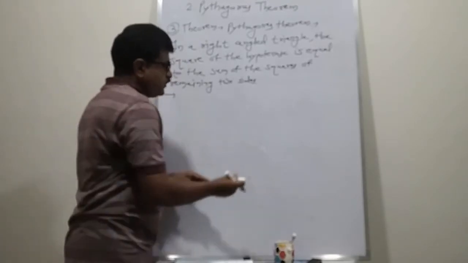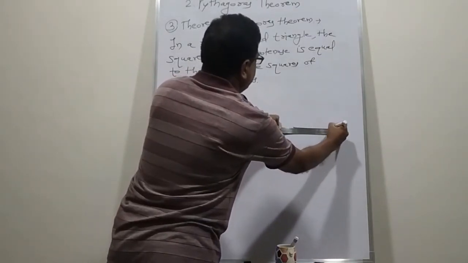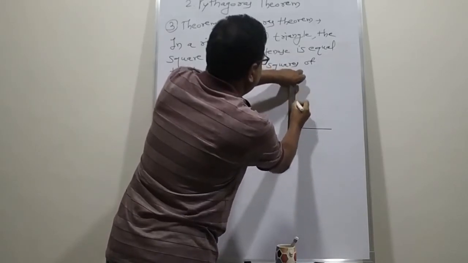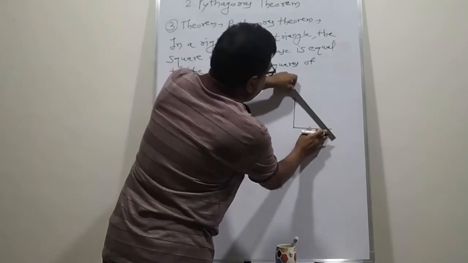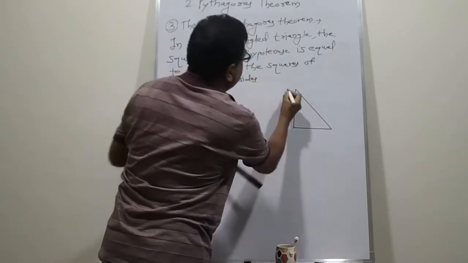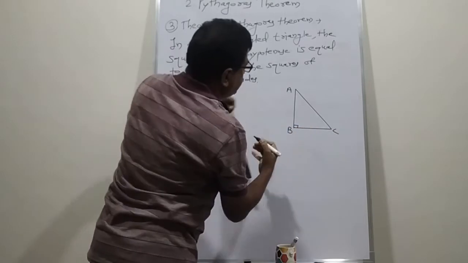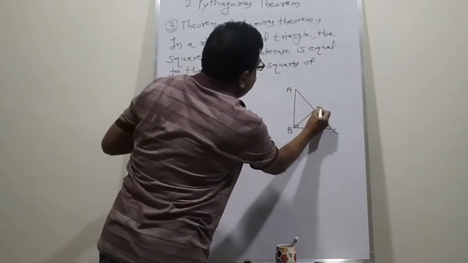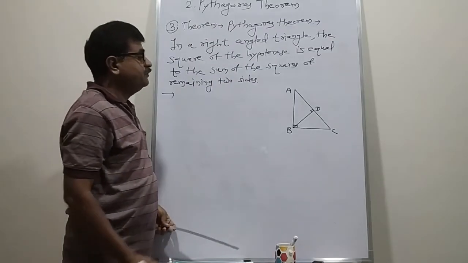Now for this, first draw the figure. This is triangle ABC. Angle B is right angle. BD is perpendicular to hypotenuse AC.